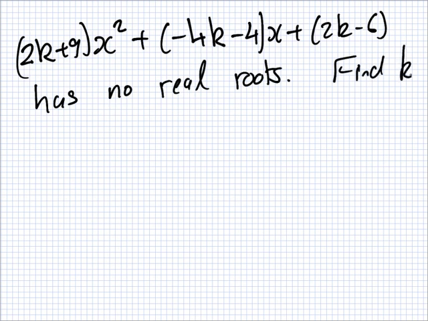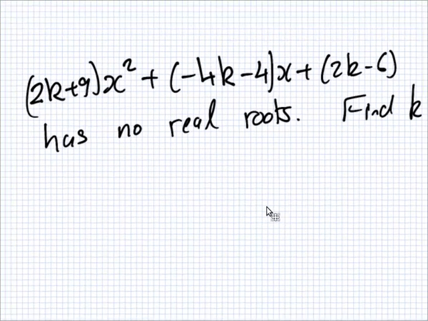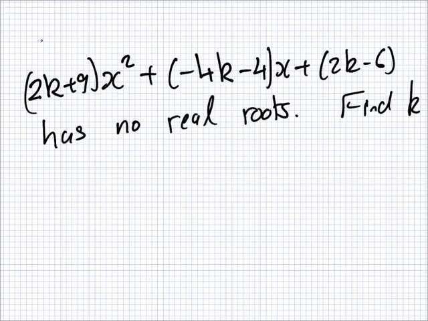Find k. So this is the opposite: I tell you how many roots it has, and you tell me something about k. Here it has no real roots. There's one condition on k. What's that? More precisely, 2k plus 9 is not equal to 0.